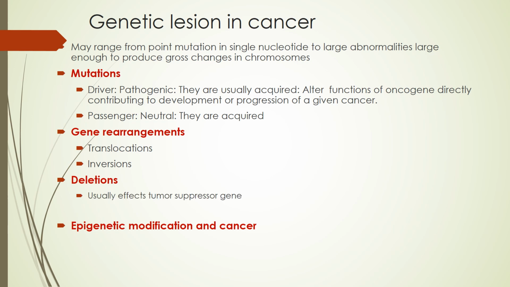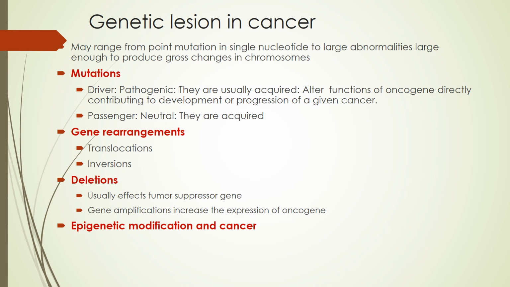If abnormal, it can produce a genetic lesion, and that genetic lesion can cause cancer. Deletions usually affect tumor suppressor genes. If the part of the chromosome which harbors a tumor suppressor gene is broken and lost, then the effect of the tumor suppressor gene will not be there, and the tumors which were being controlled by these genes will not be controlled, and now there will be progression of these malignant cells to produce a full-fledged tumor.